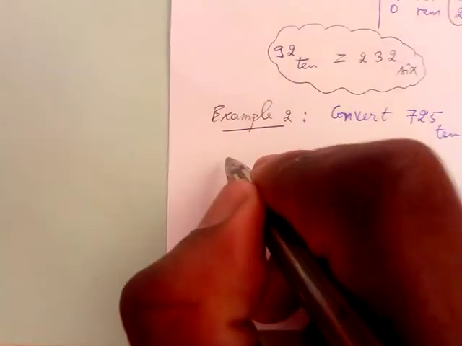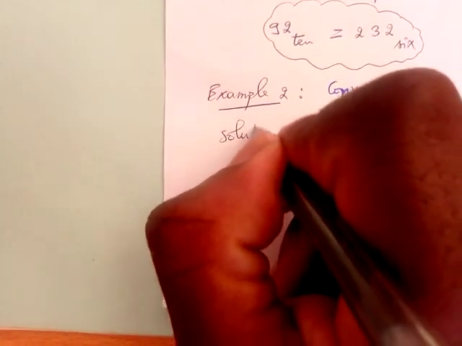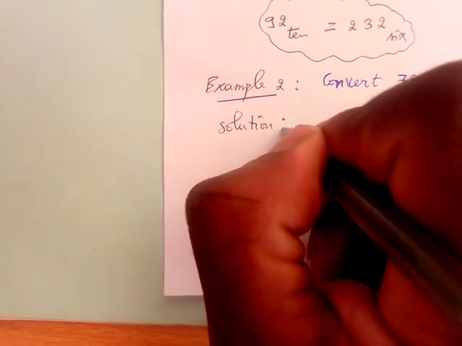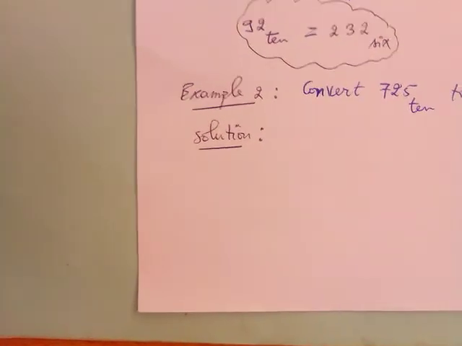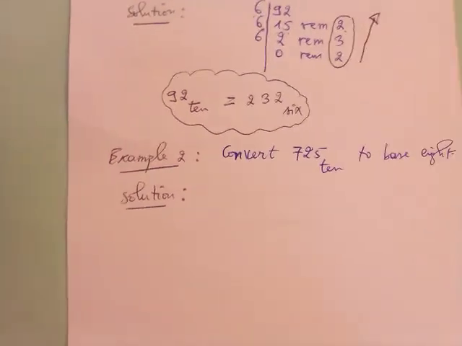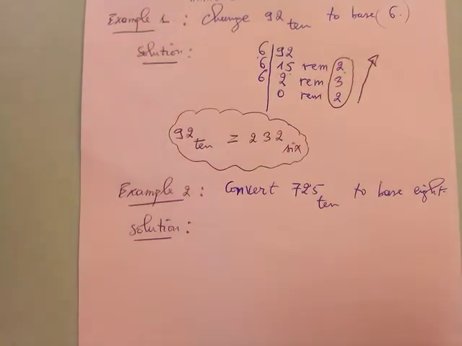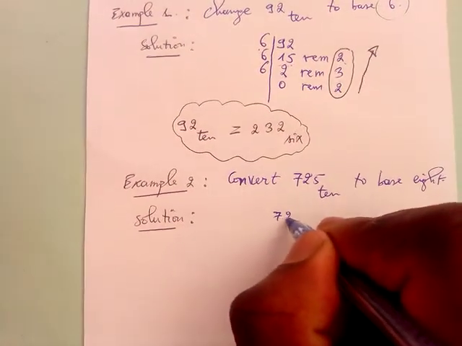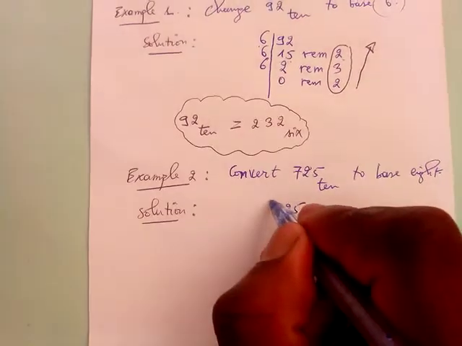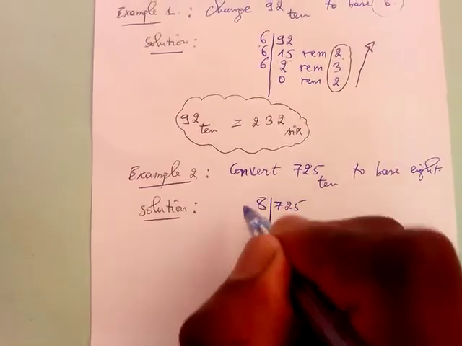Like we did in the first example, we divide. We have 725 divided by 8.